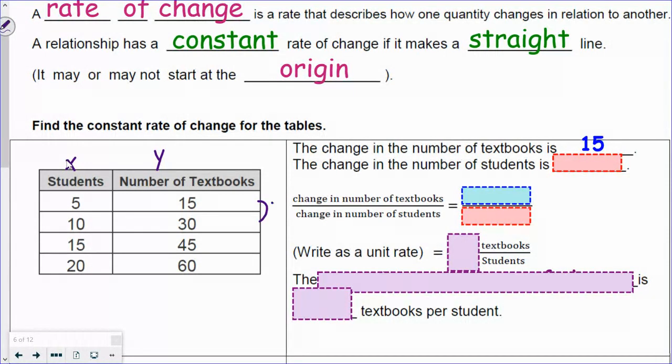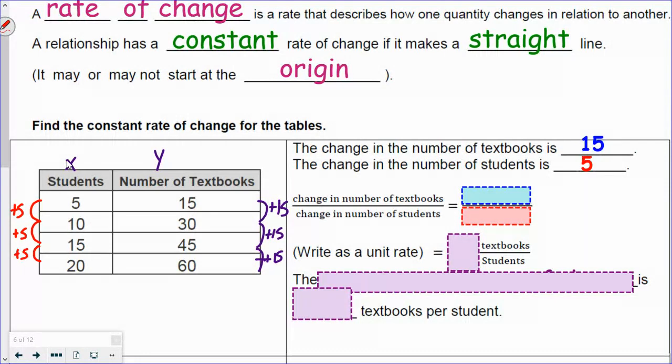Did we increase? And how much did we increase? So each time you notice these are going up by 15. Okay. But what about the change in the number of students? It doesn't change the same amount. Each time our students is increasing by 5. And that is important to know.